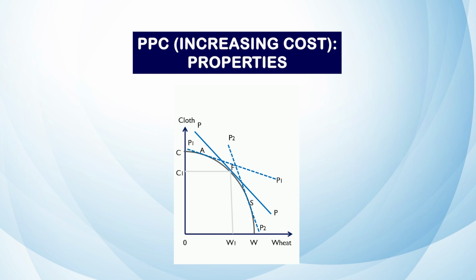I should produce more wheat, so I should move from point F to point S. If the reverse is true, and the price ratio is like P1, where the price of cloth is more, the production equilibrium should be at point A. So whether the production equilibrium is at point A, F or S depends on two things: the slope of the PPC and the slope of the price line or the price ratio. These tangency conditions give me the production equilibrium. These are the various explanations of how this production equilibrium will be attained.